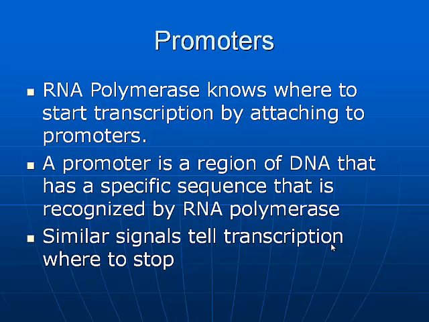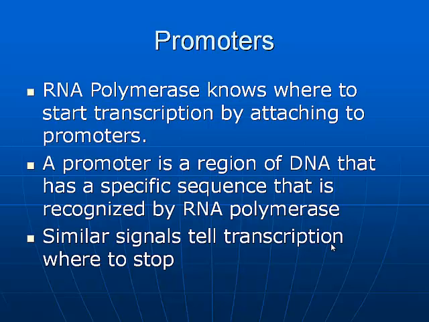Promoters, as I was talking about in the previous slide: RNA polymerase knows where to start transcription by attaching to promoters. A promoter is a region of DNA that has a specific sequence that is recognized by RNA polymerase. This means that the DNA itself has a certain sequence of bases that the RNA polymerase will recognize.